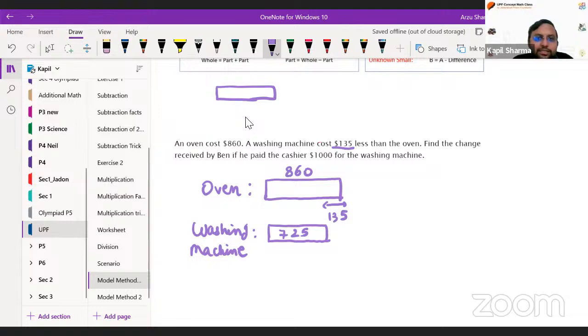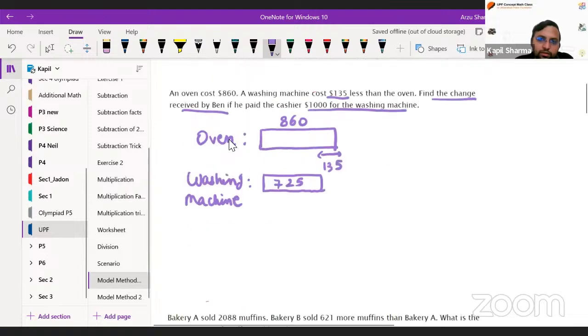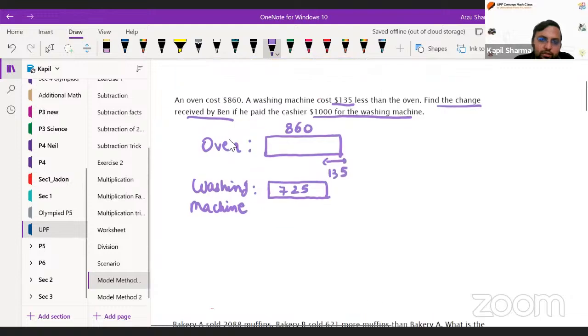Now the question is, find the change received by Ben if he paid the cashier $1,000 for the washing machine. Now, he did not buy an oven. He just bought a washing machine. So now to the cashier, he paid $1,000.